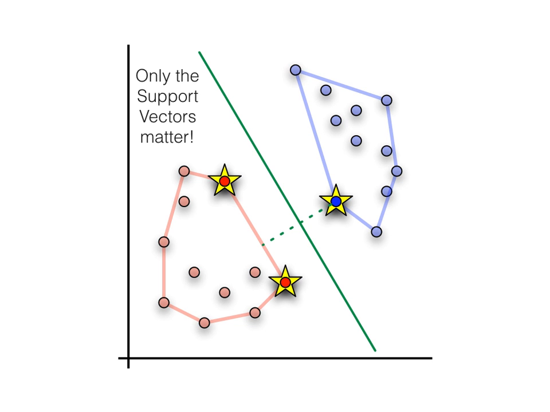They're the only data points which describe where that green line goes. The other data points can be anywhere else on the graph, as long as they don't become support vectors, so they can't be closer to the green line. This is quite an important concept: only the support vectors define where that hyperplane is going to go.